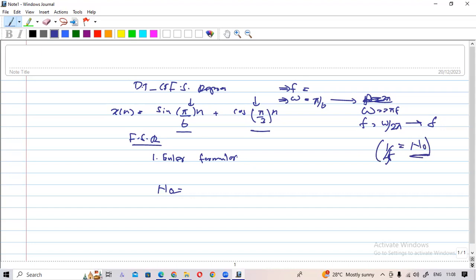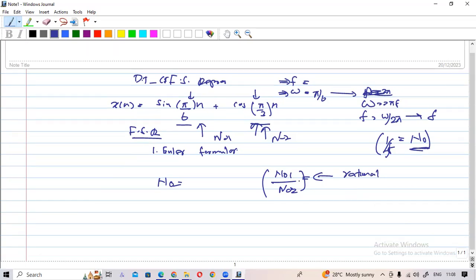Here also you have to find the period. Then you need to get the ratio of the first period and the second period. If this period is n01 and this is n02, you get the ratio and check whether it is rational or irrational. If it is rational, this is a periodic signal.